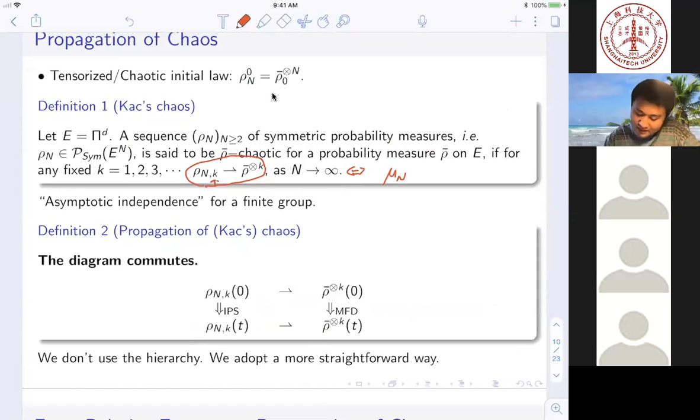It is equivalent to the convergence of the empirical measure, which is of course the projection of ρn. So μn,t converges to ρ-bar. These two are equivalent, and we are using this setting. Later you will see we use a stronger norm. We will use relative entropy, which will imply L1 convergence.